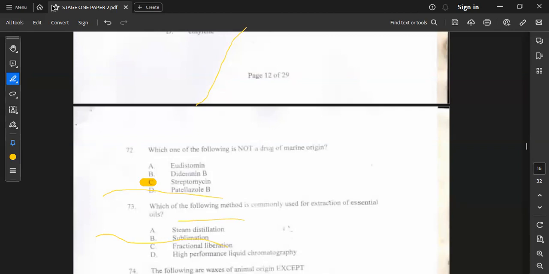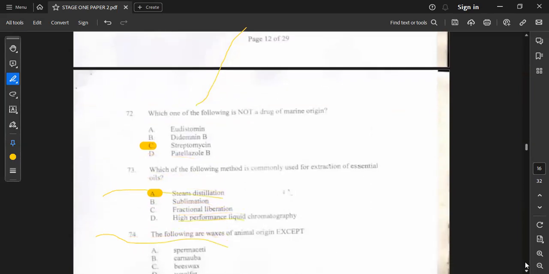Which of the following methods is commonly used for extraction of essential oils? Steam distillation, sublimation, fractional liberation, HPLC. Steam, I think steam. Anyone with a different answer?